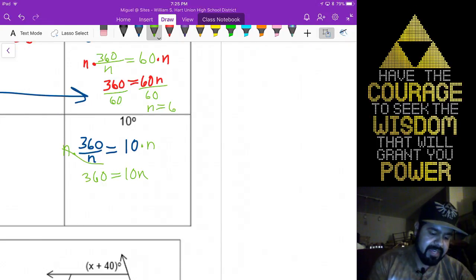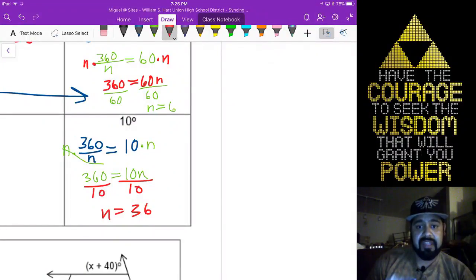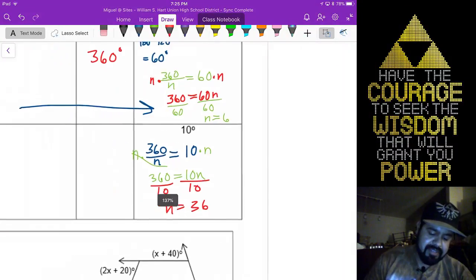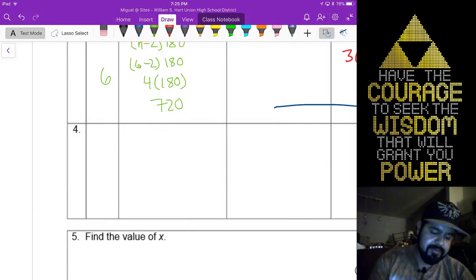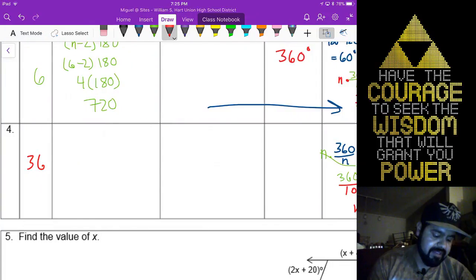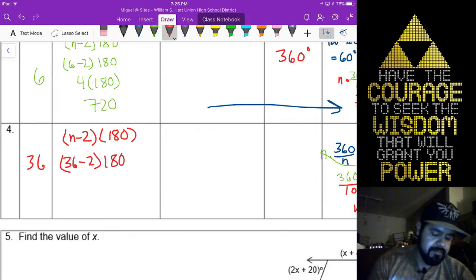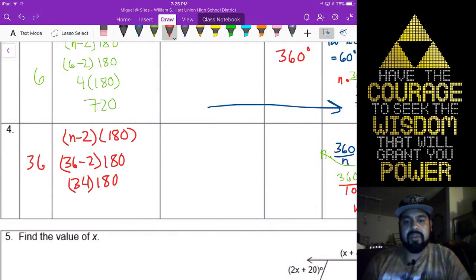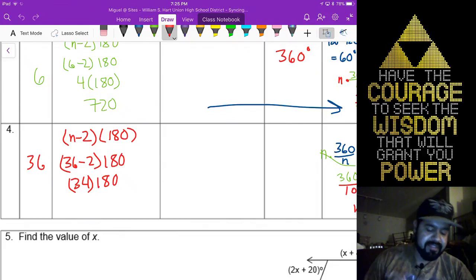And so then dividing out both sides by 10, you do get n equals 36, which is a lot of sides, but that doesn't matter, because now we go back to the front, we say there's 36 sides. You can go right here to this, and you can say n minus 2 times 180. So I believe that's 34. And of course I don't have a calculator in front of me, and I've already worked these out, but you will get your answer there.